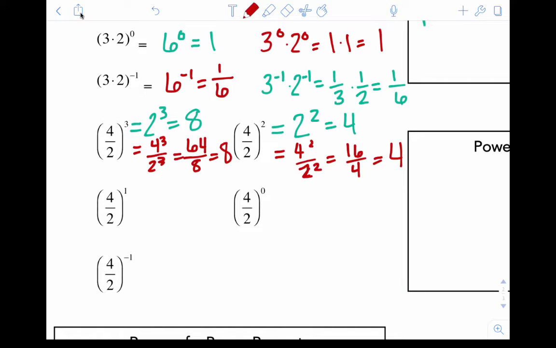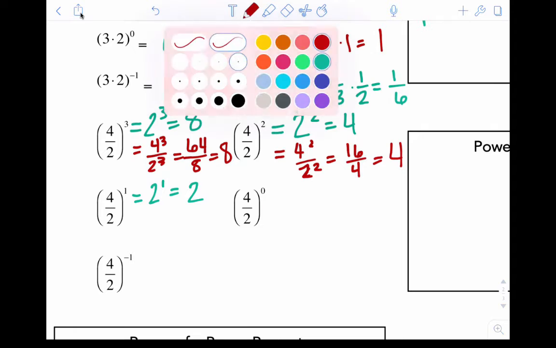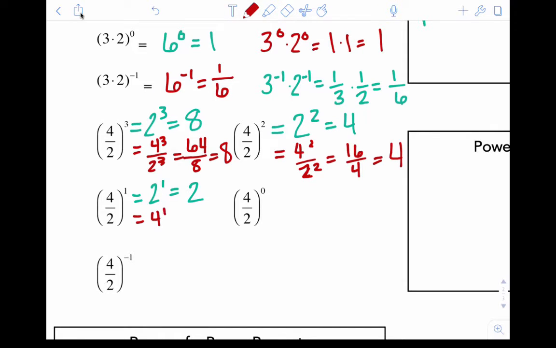So that checks out still. Now 4 over 2 to the first power. So 4 over 2 is 2, to the first is just 2. Now 4 to the first over 2 to the first, well, that's just 4 over 2, which is 2. So this is still working out.